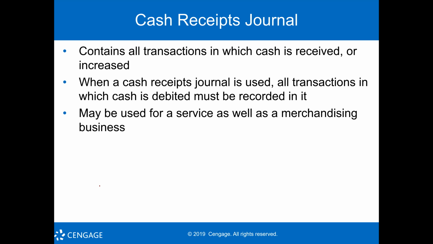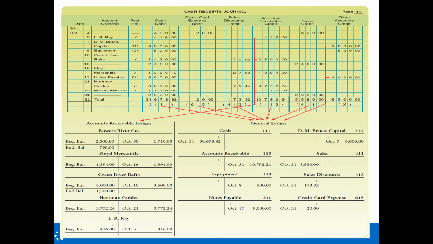When a cash receipts journal is used, all transactions in which cash is debited must be recorded. So in all transactions where cash is going up, where cash would be debited, must be recorded in it. It may be used for a service as well as a merchandising business. So the next slide is going to show us an example of this.